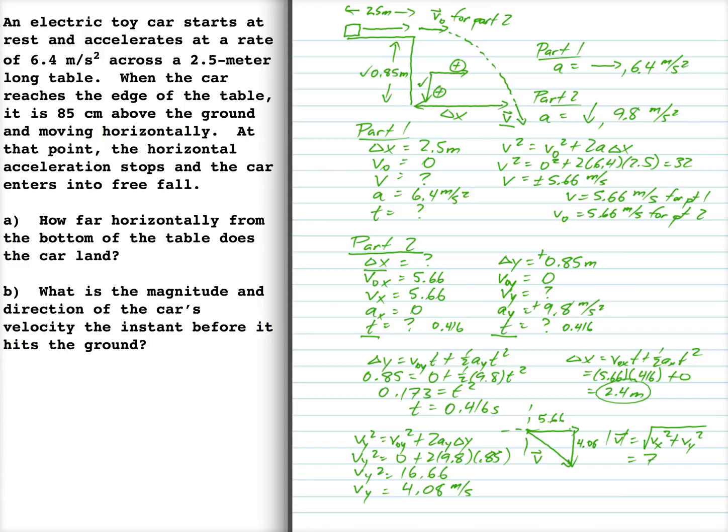I get 7.0 meters per second. And then the angle theta here I get with the inverse tangent of opposite over adjacent, which is 36 degrees below plus x. And I'm done, which is a good thing because I'm out of space.